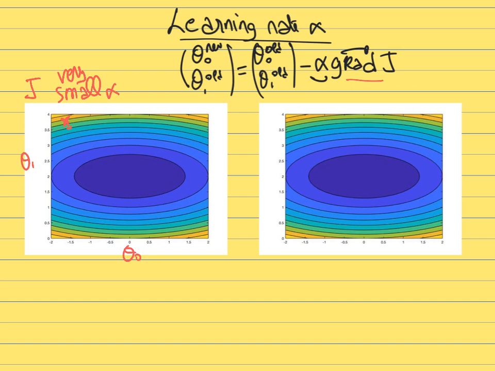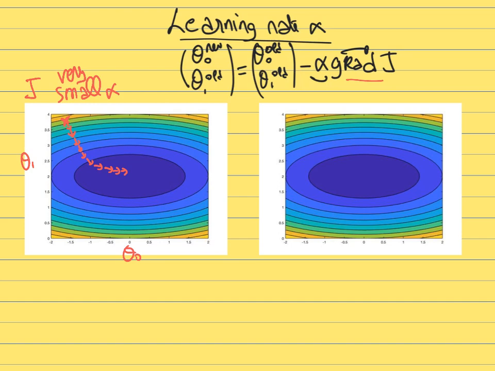Then you move to a new position, calculate the gradient again, and make a small step, which is going to be very small because your learning rate alpha is very small. You continue, always moving in the direction of the negative gradient, and those steps are going to be very, very small.